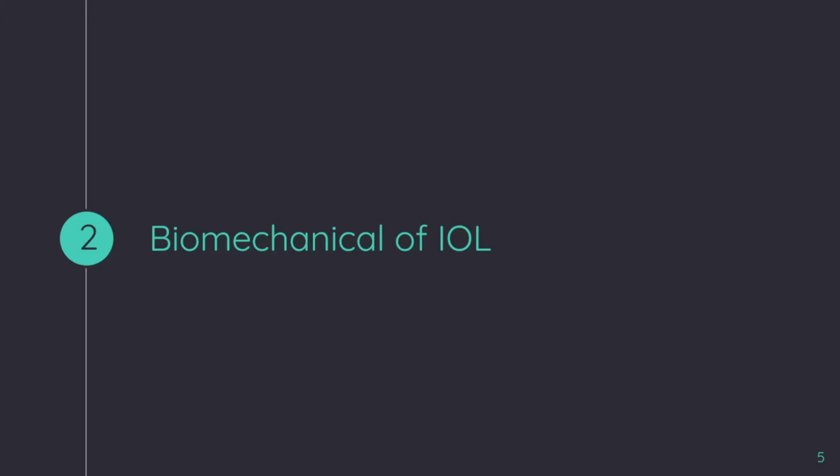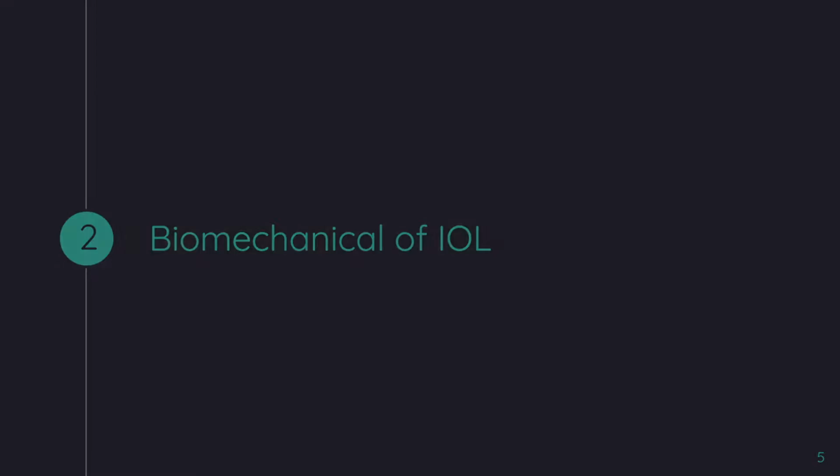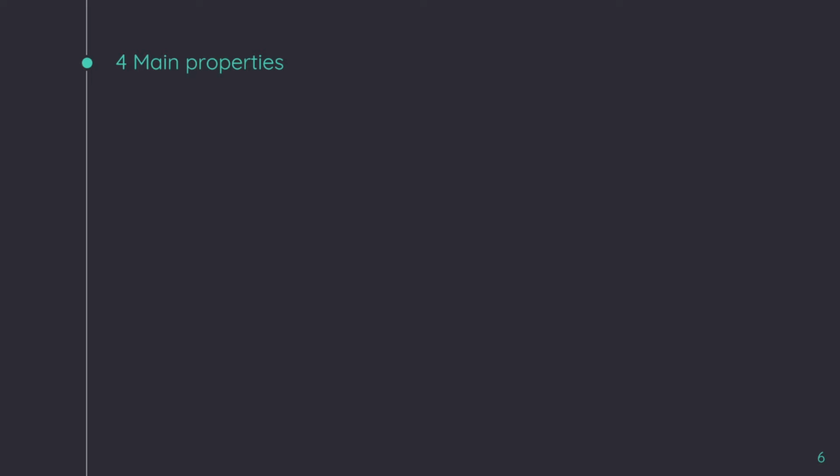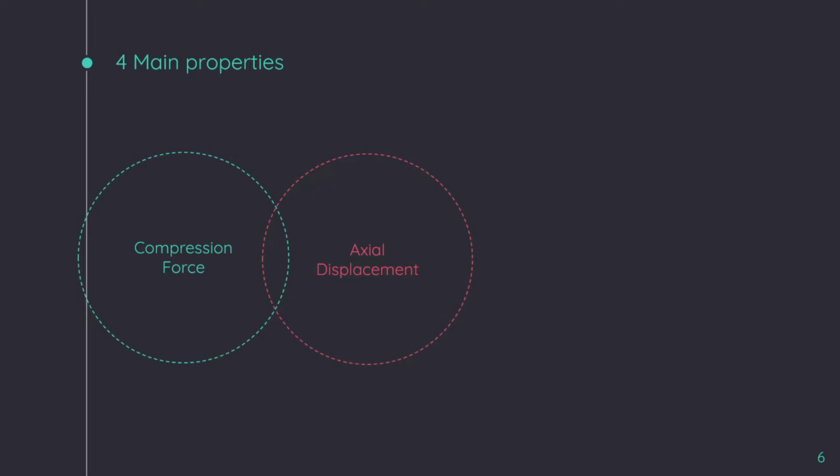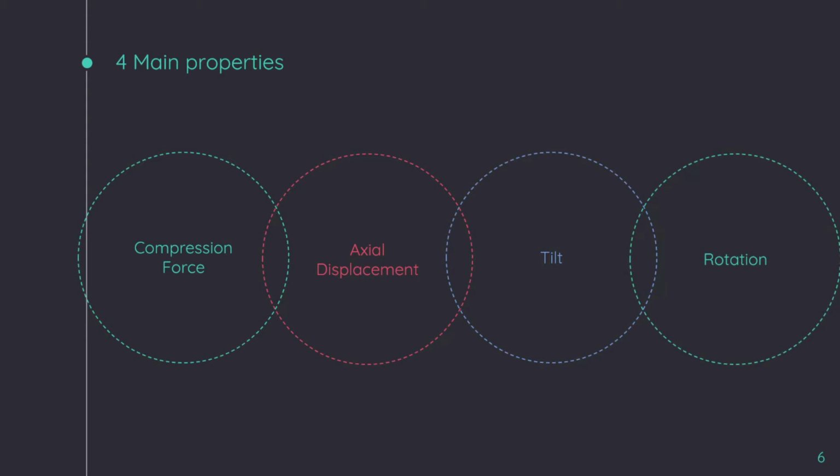So, for the biomechanical stability of the IOL, this is what we need to measure in order to improve its efficiency. Biomechanical stability can be evaluated through four main parameters, which are compression force, also known as reaction force, axial displacement, tilt, and rotation. These are the factors that will determine IOL efficacy.